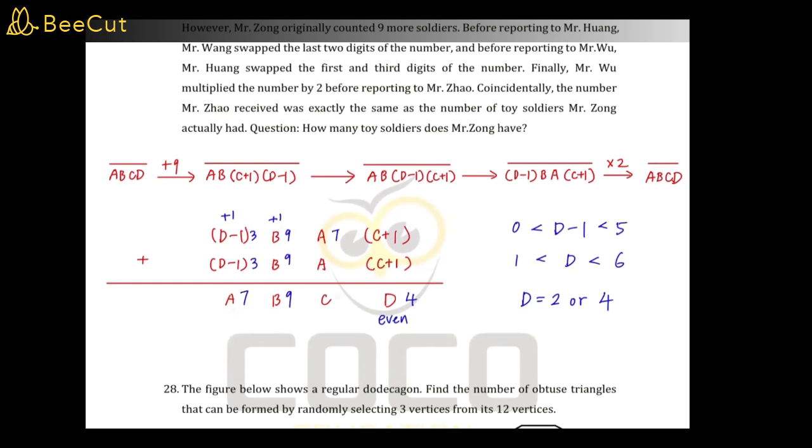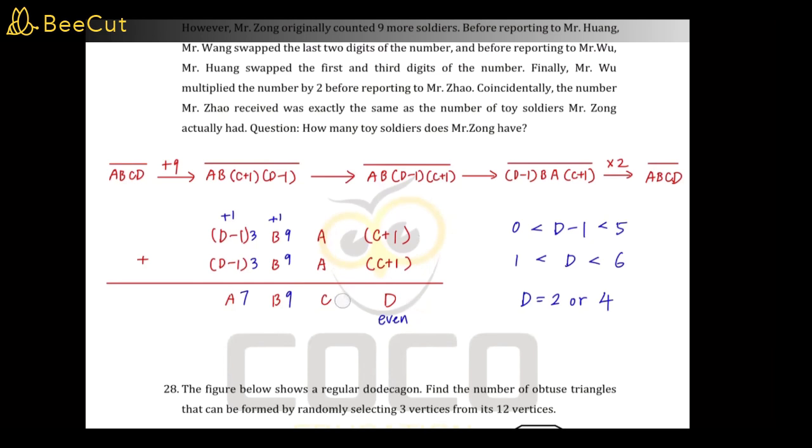If this part is 7 plus 7 equals 14, which means that C plus 1 is 5. But 5 plus 5 does not equal 4. This means that when D is 4, we get a contradiction. This is wrong.